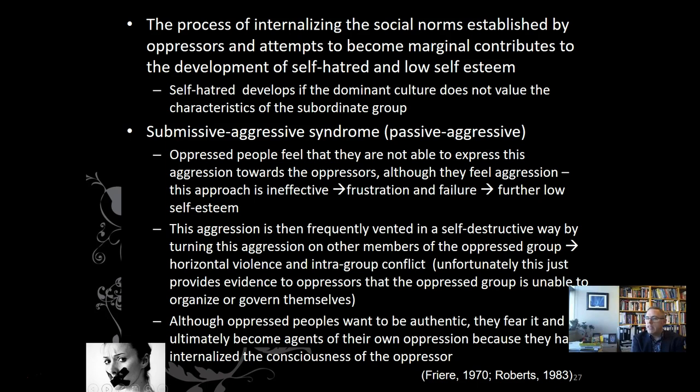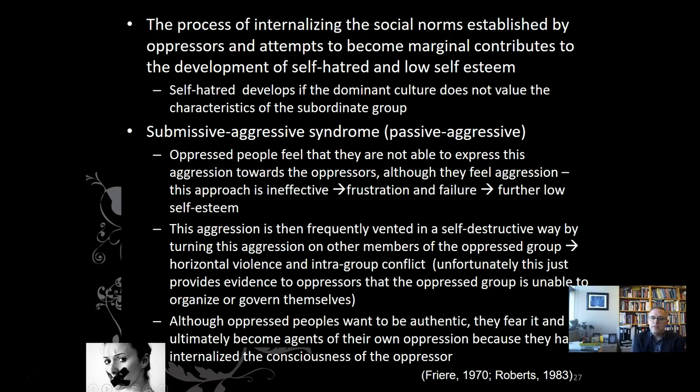So when nurses say things like, I'm just a nurse, they're basically demonstrating self-hatred. They're saying, oh, we're not as important. And if as nurses we devalue the opinions of our colleagues in relation to medicine or any other group, we are also going to perpetuate some of those things.